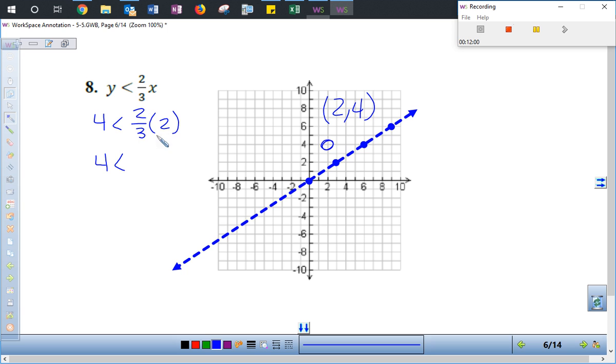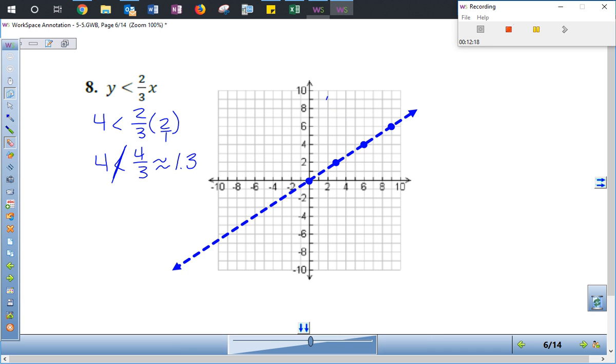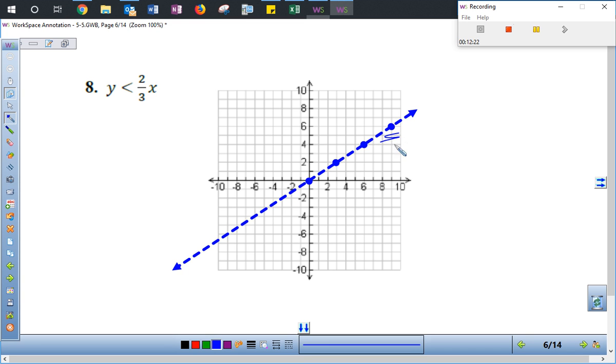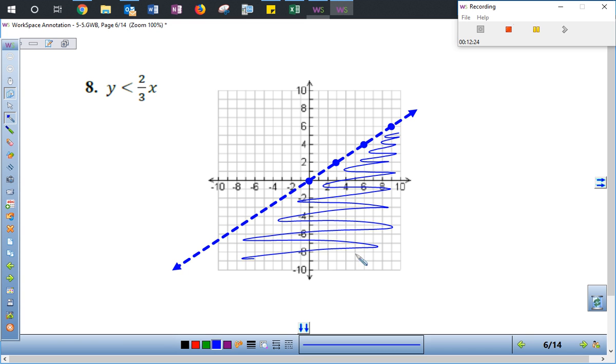Now 2/3 times 2 over 1 is going to give me 4/3. Now 4/3, if you put that into your calculator, is approximately 1.3. So they're saying 4 is smaller than 1.3, which is not true. So I'm not going to shade on the same side as that point. So that means I'm going to shade below my line.